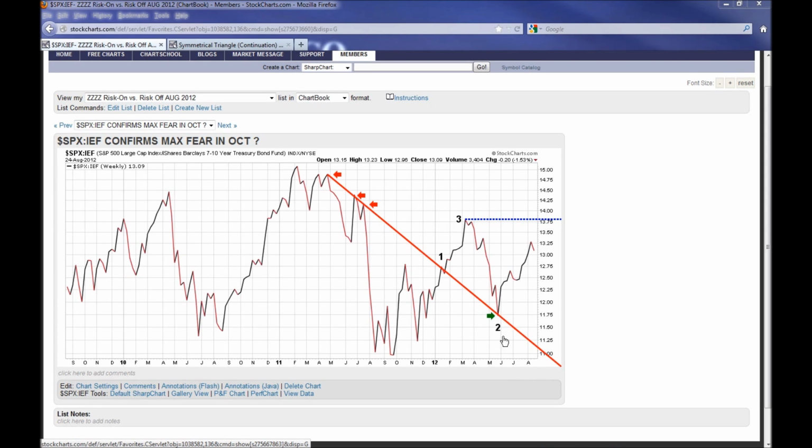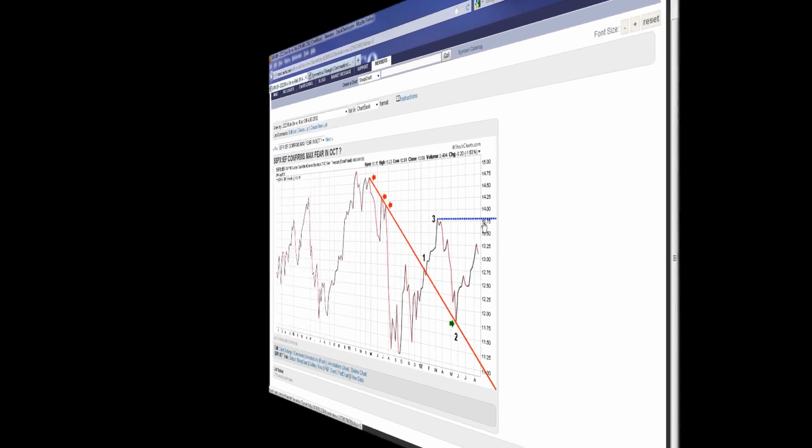We did begin buying in early June. This was a good sign that the ratio bounced off of here to complete the trend change off of this downward sloping trend line, which is important from an intermediate term perspective. We still need to complete step 3, which would be for the ratio to make a higher high above this line here.